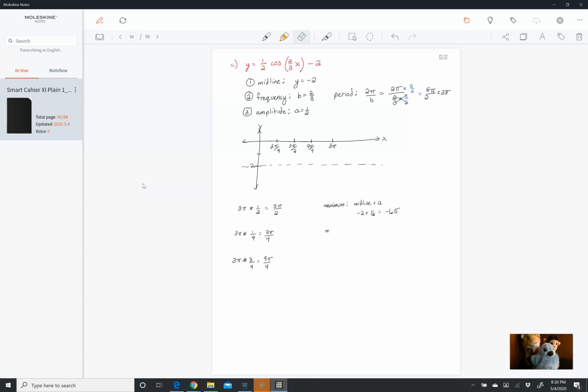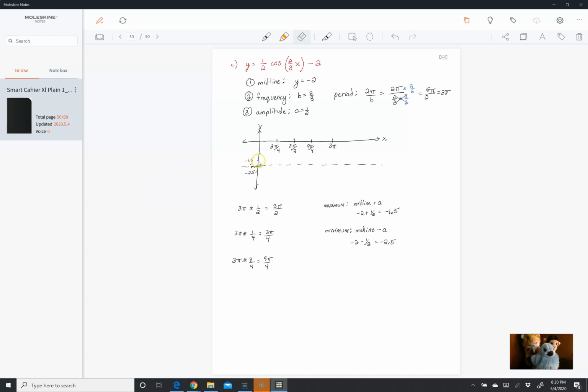And our minimum is our midline minus our amplitude, or -2 minus 1/2, -2.5. Okay, so we care about this here. This is -1.5, and this here. This is -2.5.